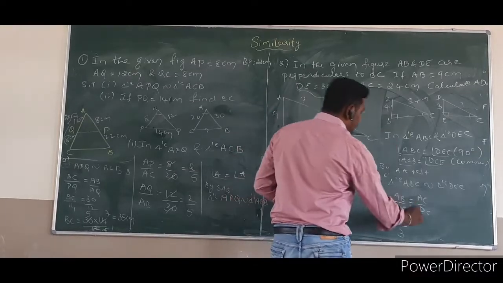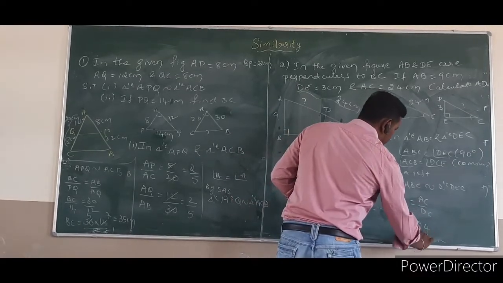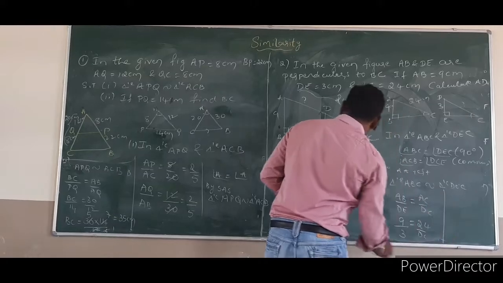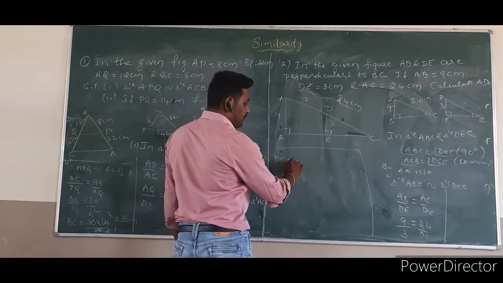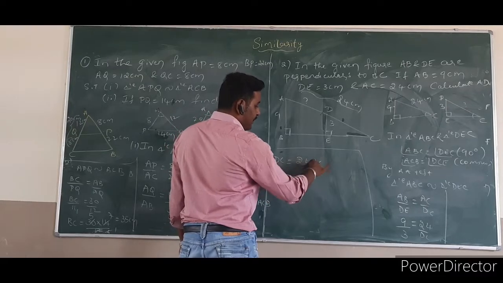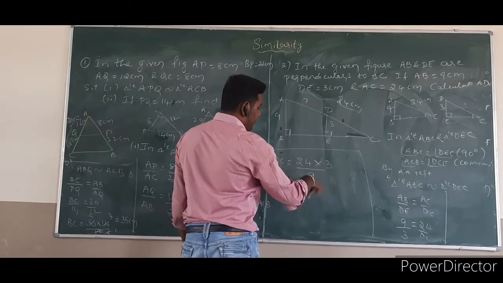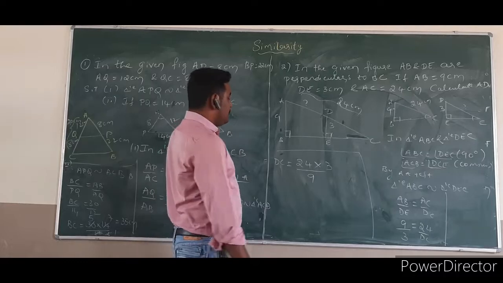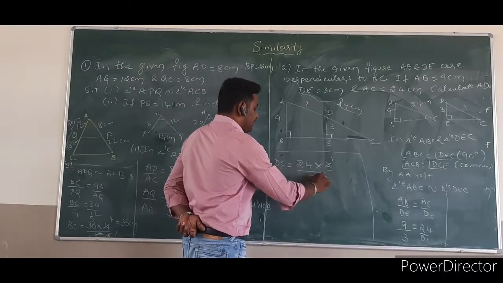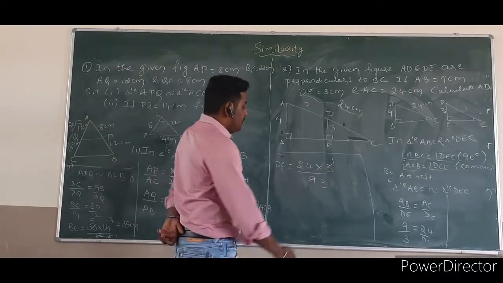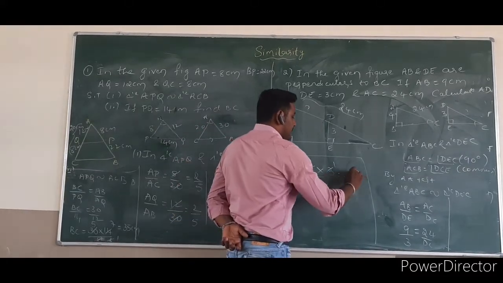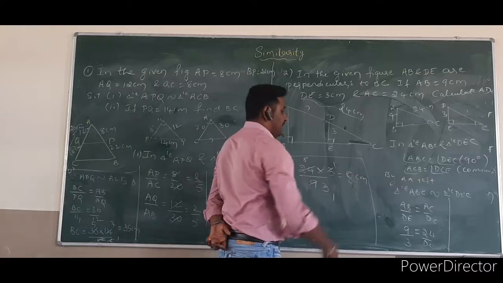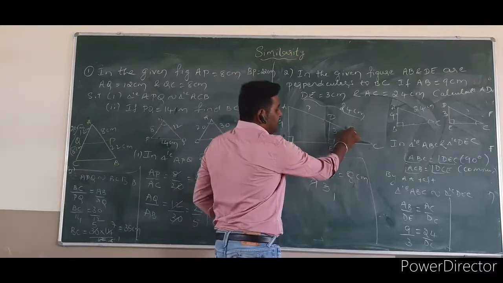AC 24. We want to find DC. So if you cross multiply, DC is equal to 24 into 3 divided by 9. So that is 3 ones are 3, 3 threes are 9, 3 eights are 24. How much DC is equal to? 8 centimeter.